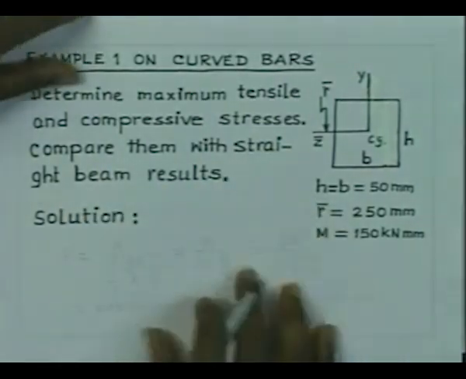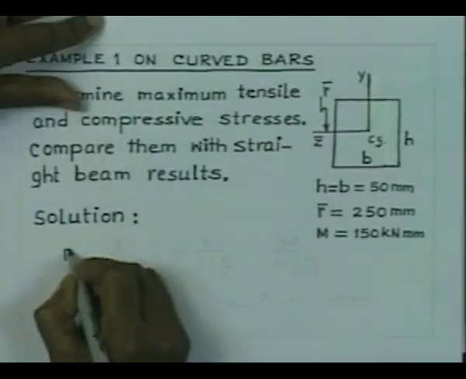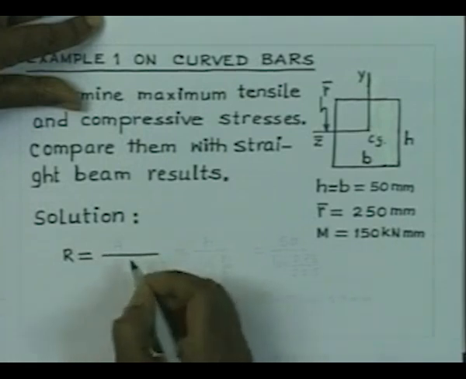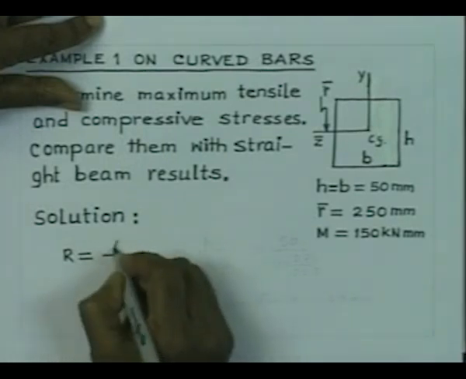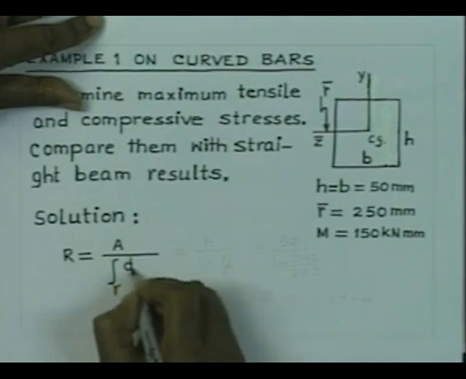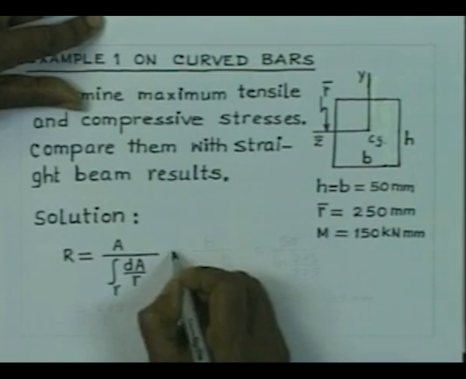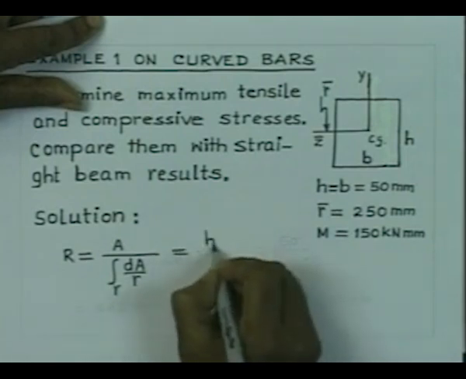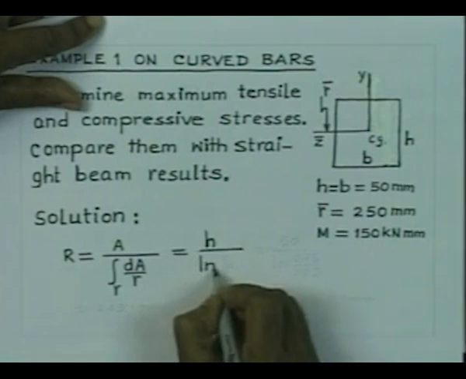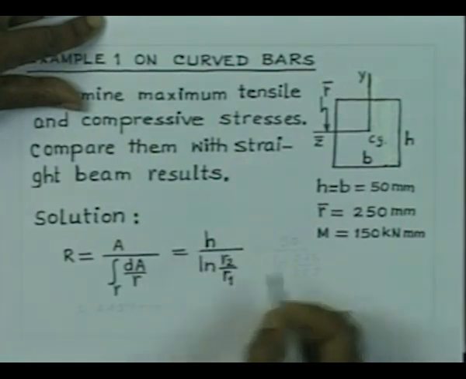So, we will proceed with the solution. Let us consider first this radius of curvature R, and we have already derived that that is nothing but h divided by ln R2 by R1.